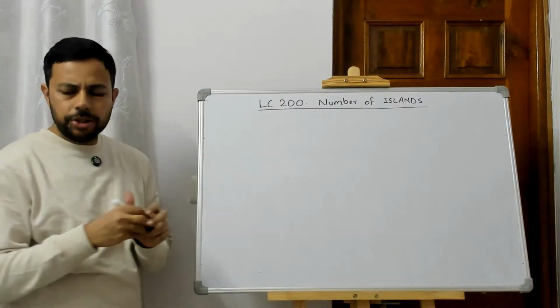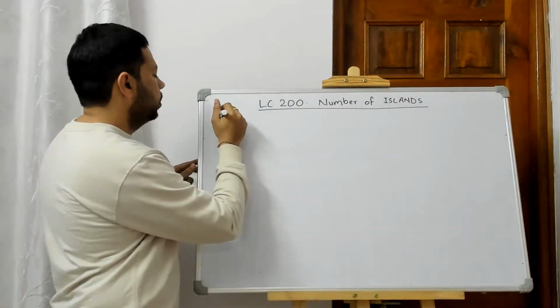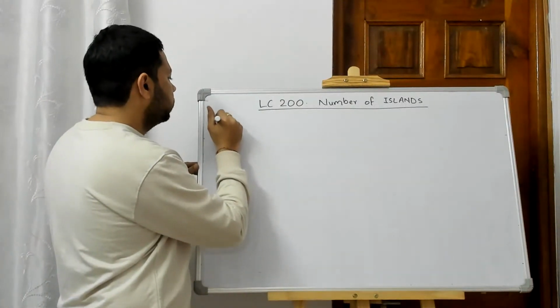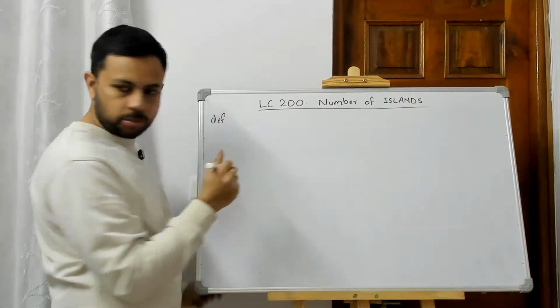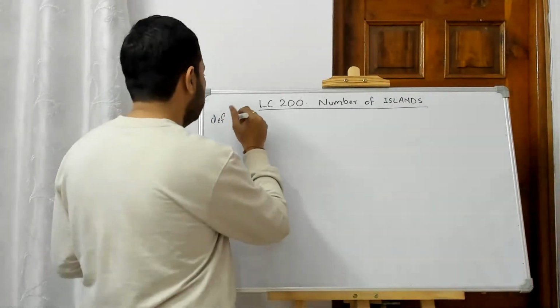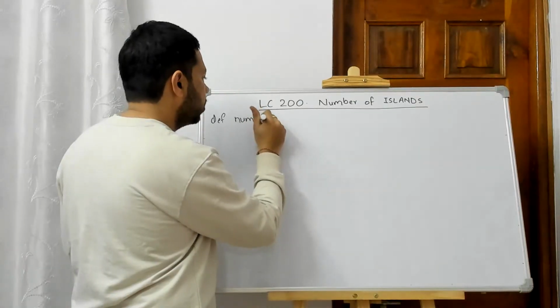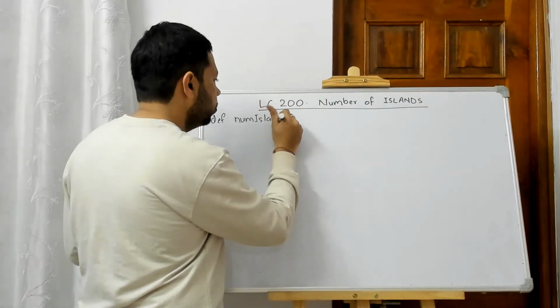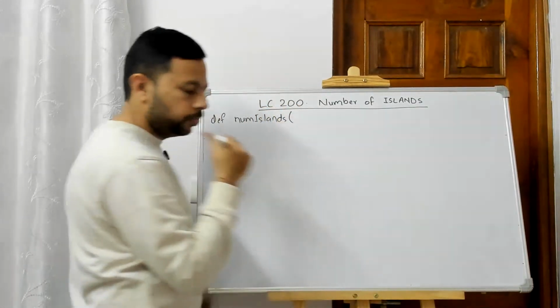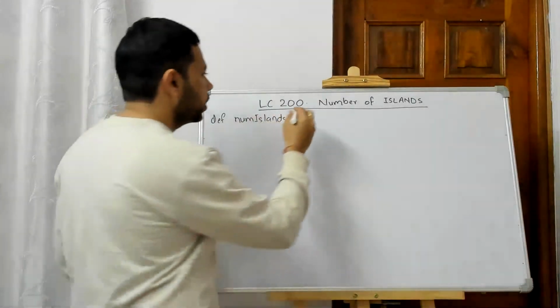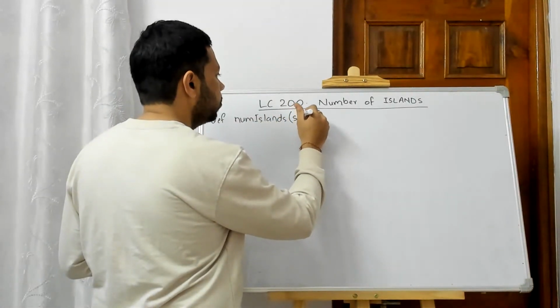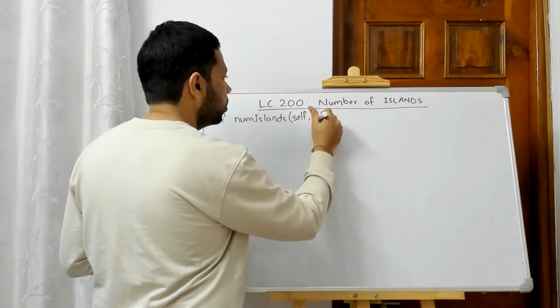So there is a main function, def numIslands, which takes self, grid.